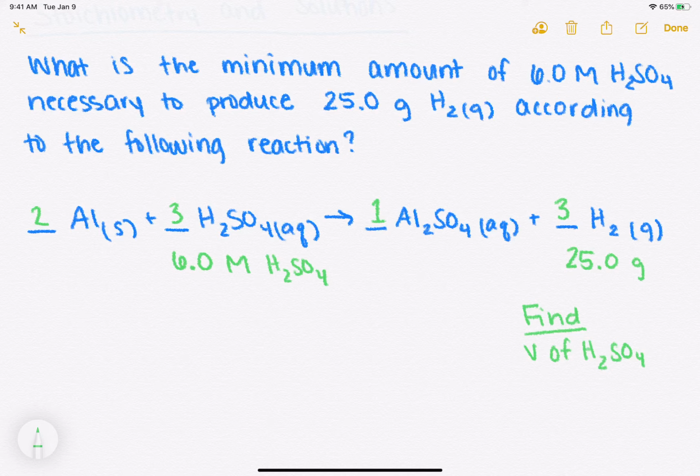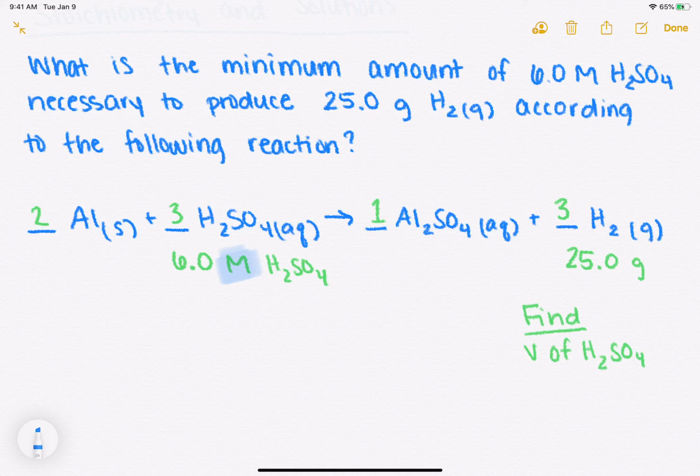So whenever we have molarity, like we have here, we're going to be using moles and volume of some sort. So even if we start with milliliters, we can always convert that to liters. So again, we're going to be using molarity and volume.